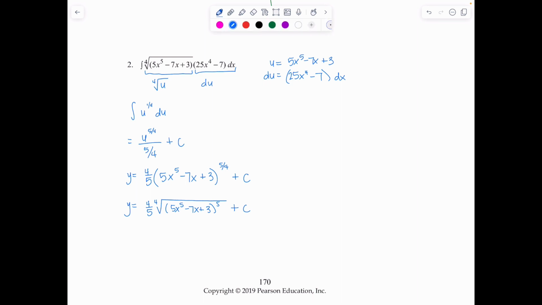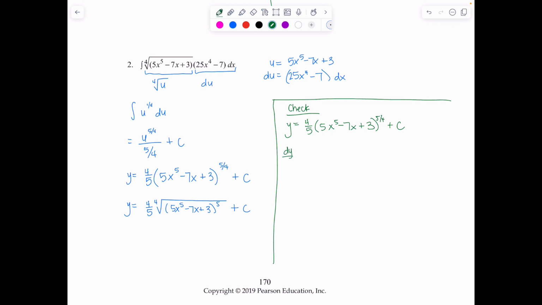Now let's check. If y equals 4/5 times 5x to the 5th minus 7x plus 3 to the 5/4 plus c, the derivative dy dx will be 4/5.